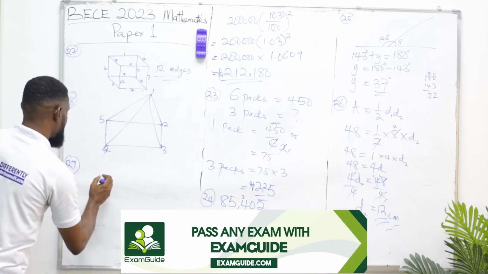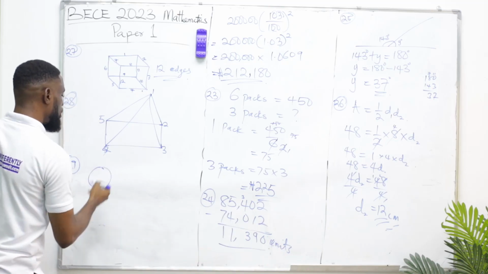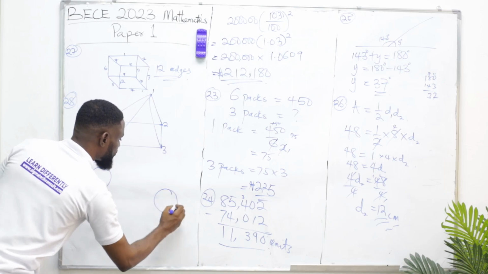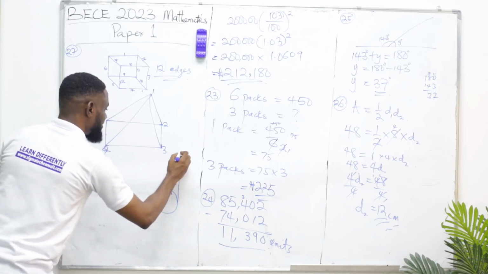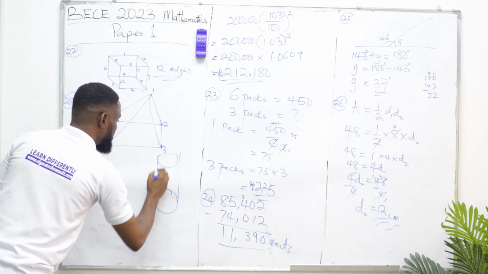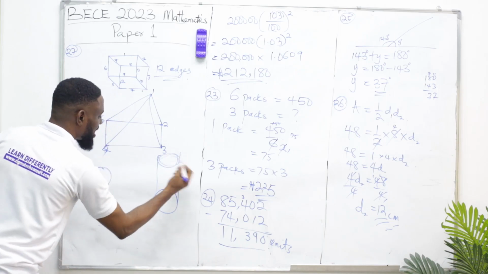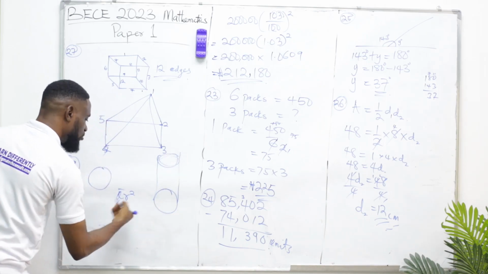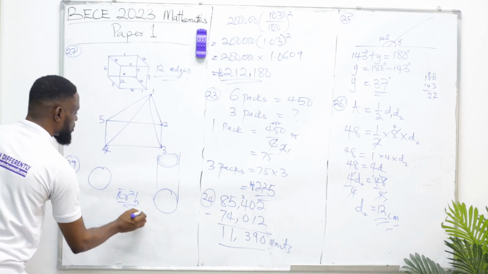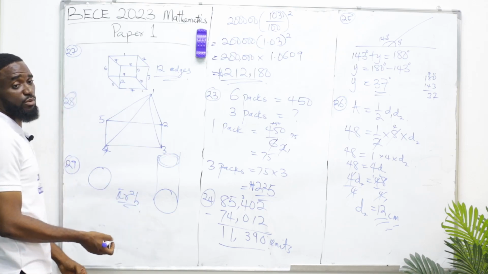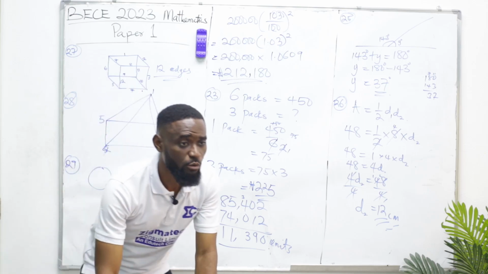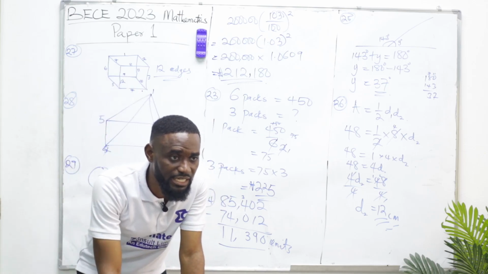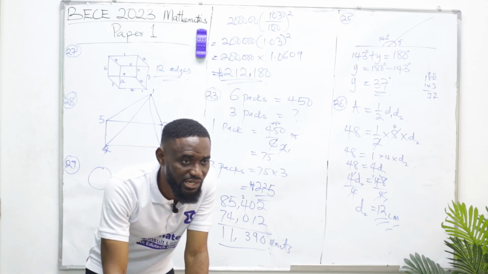So it has the same attributes as a circle, the only difference is that the cylinder comes with a height. Do you get the point now? So it is still pi r square, but you multiply it by the height, introducing a height there. So the correct option is option A, pi r square h. That is the formula for calculating the volume of a cylinder.